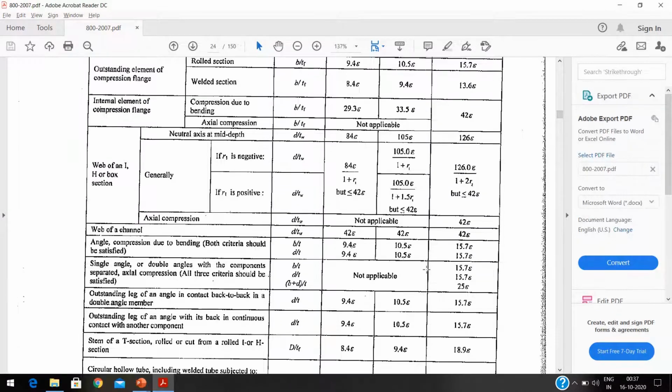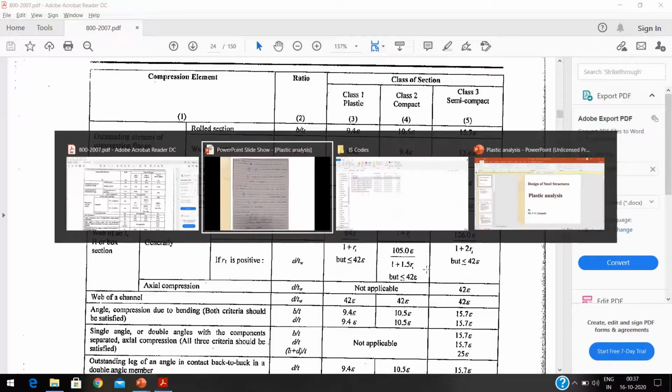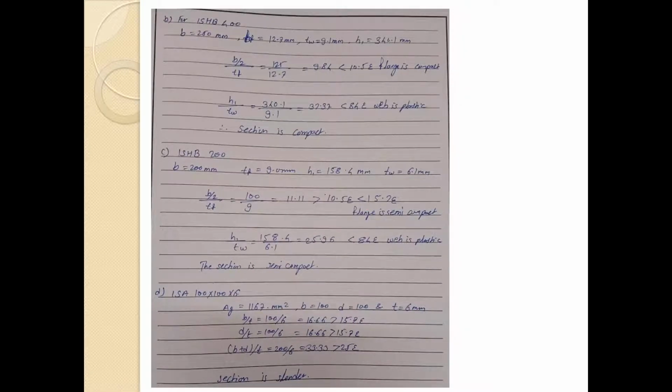So it is falling in between. So the flange is semi-compact, and this H1 by TW ratio, that is 25.96, is lesser than 84 epsilon. So the web is plastic. So the section is a semi-compact section.